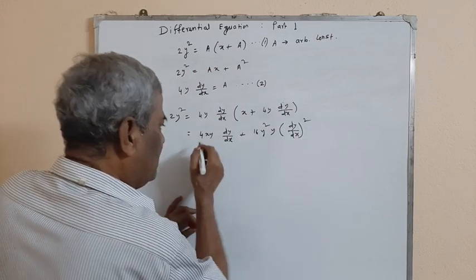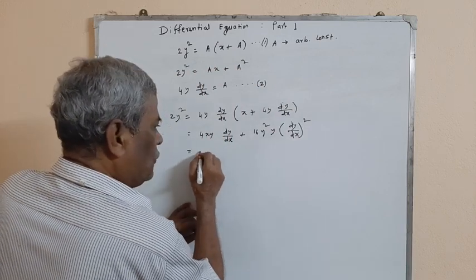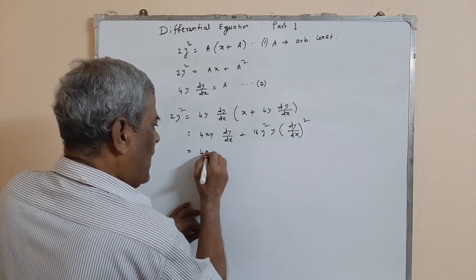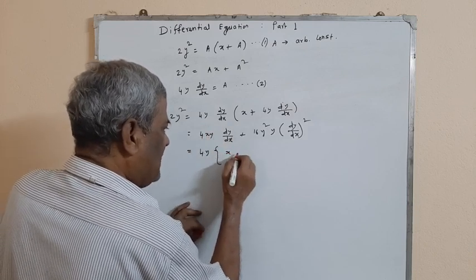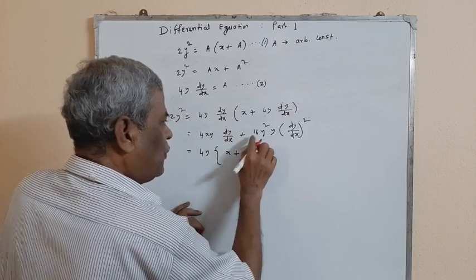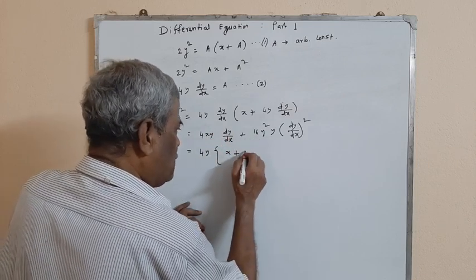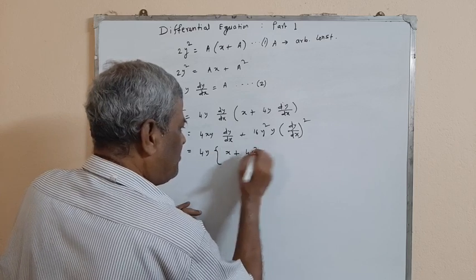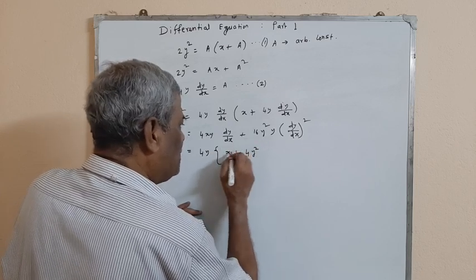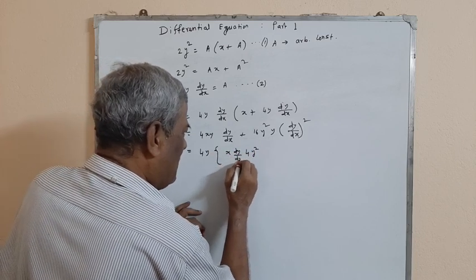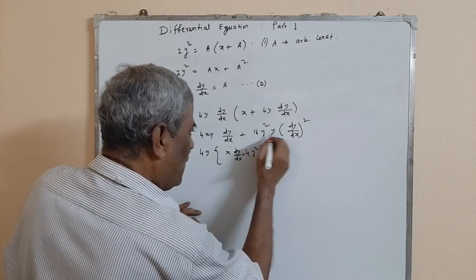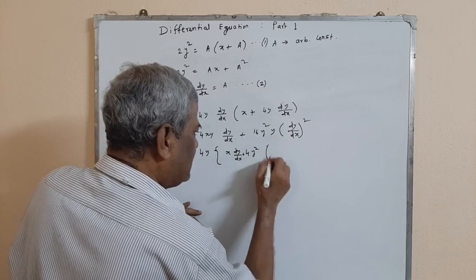So this can be simplified as 4y into x dy/dx plus 4y square into dy/dx and whole square.